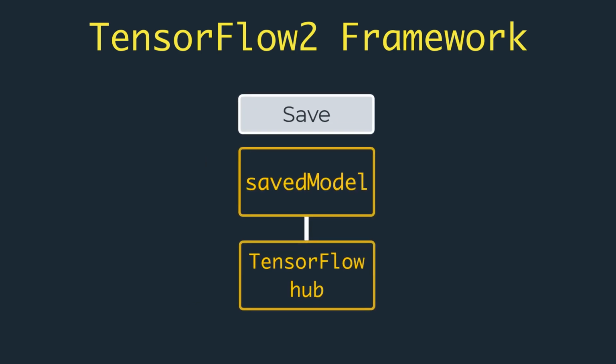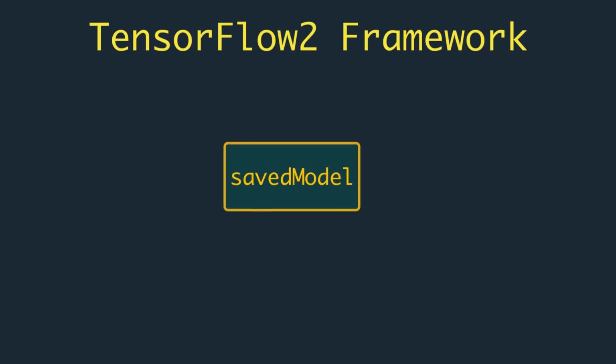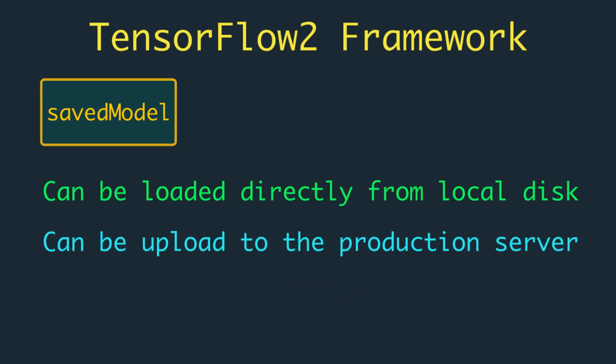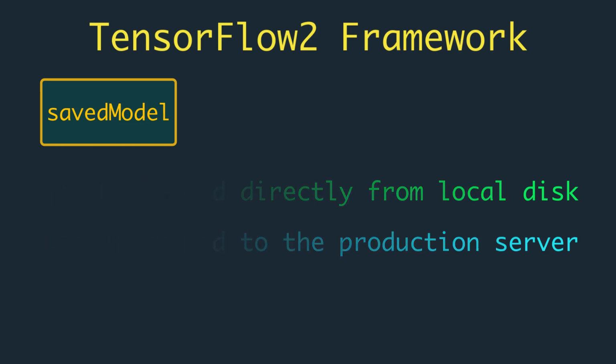But TensorFlow 2 standardized this by providing a standard format called SavedModel. The SavedModel can be loaded directly into your application from the local disk, or it can be uploaded to the production server for serving. Utilizing the SavedModel standard allows us to deploy that model on mobile, embedded devices, and the web also.